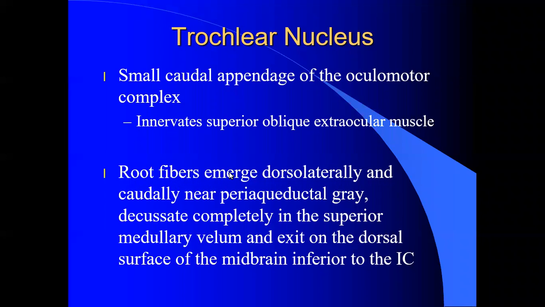Its root fibers, as you well know, emerge dorsolaterally and caudally, in the region of the periaqueductal gray. They then decussate completely in the superior medullary velum, and they exit contralaterally to the superior oblique that they innervate.